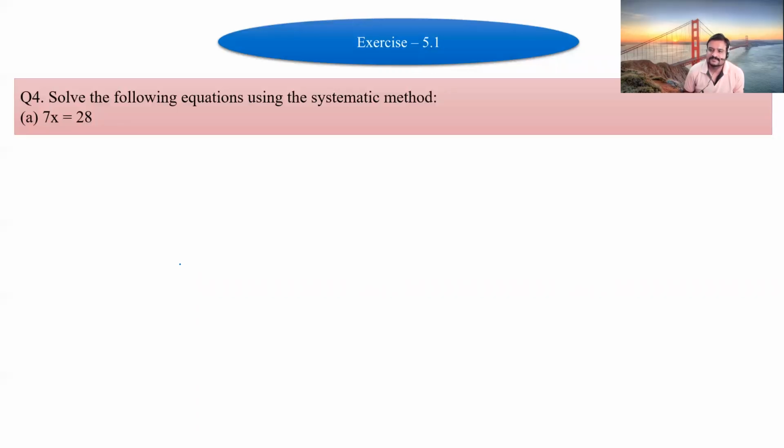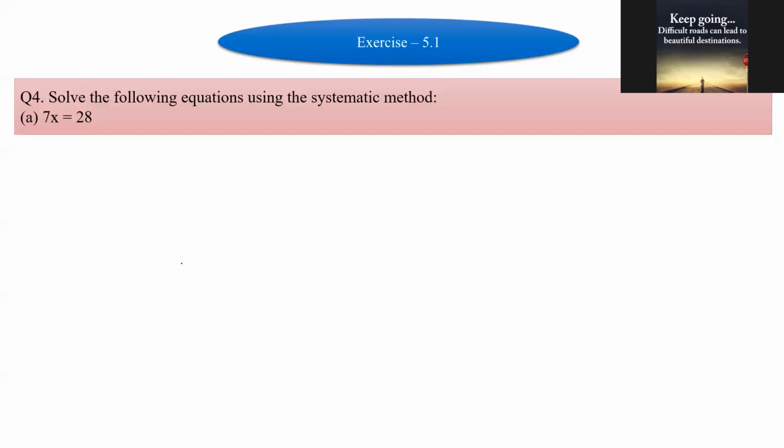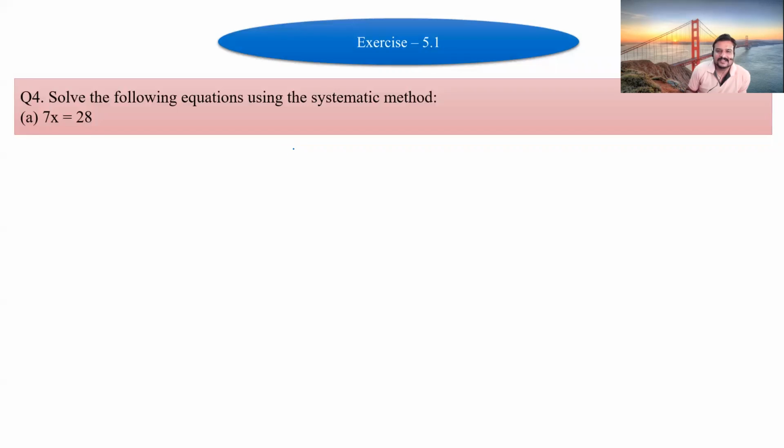Yes, sir. Sir, in the systematic method, we have to balance. So, sir, we will take the value 4. So, sir, in place of x we will put 4. Sir, 28 is on the LHS with multiplication, so we will divide on the RHS. See, Kalash, we do the balancing only when there is a constant term here.